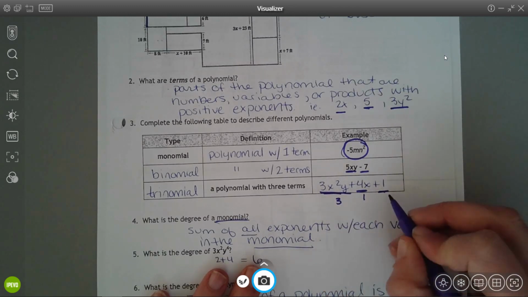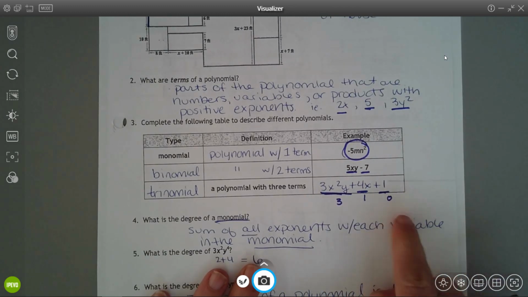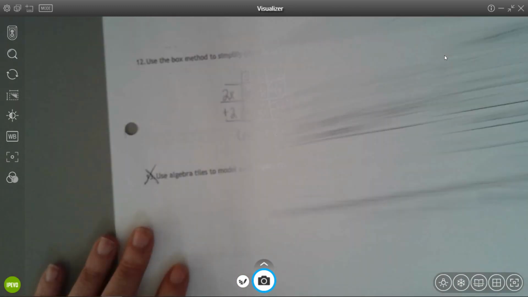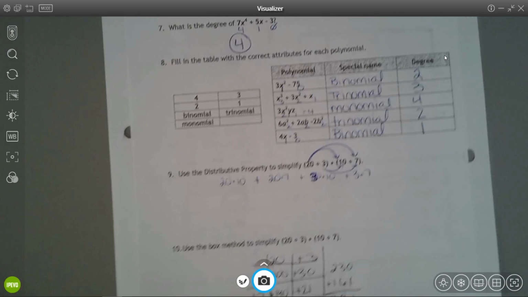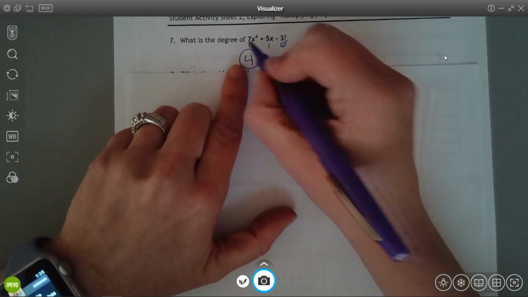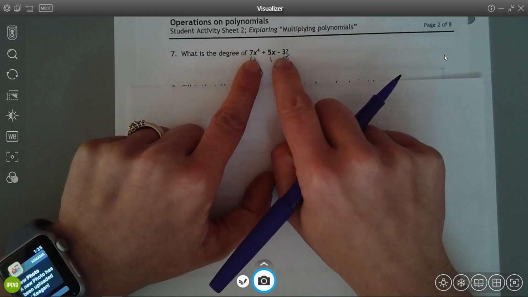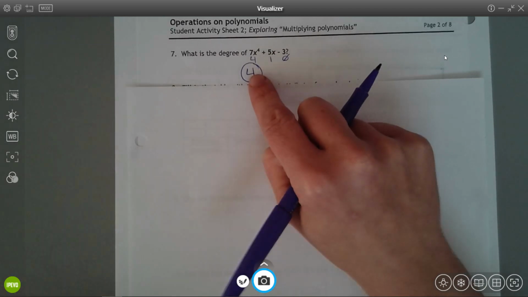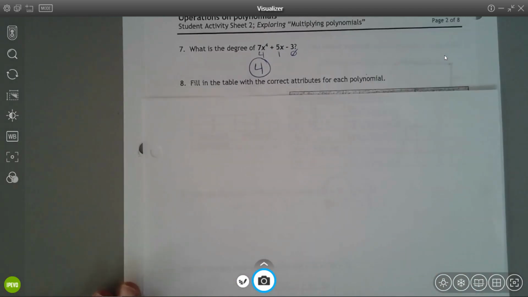This one's 1, and this is none. So what is the degree of this polynomial? The highest degree is 3, so the degree is 3. Another example of that, what is the degree of this? We've got a degree of 4, a degree of 1, and a degree of none. So my highest degree is 4. The degree of the polynomial is 4.